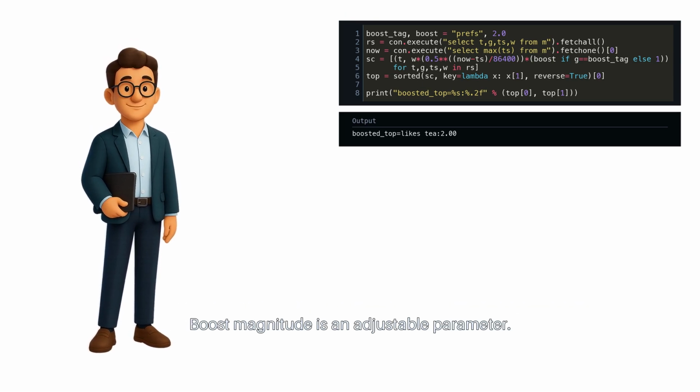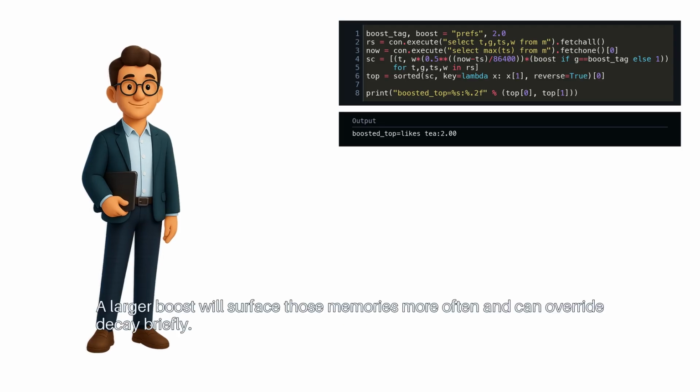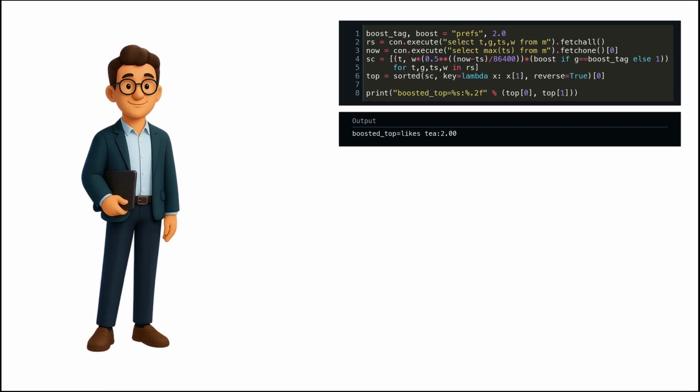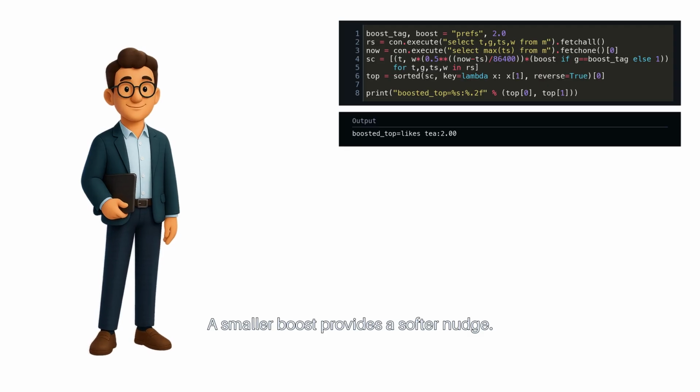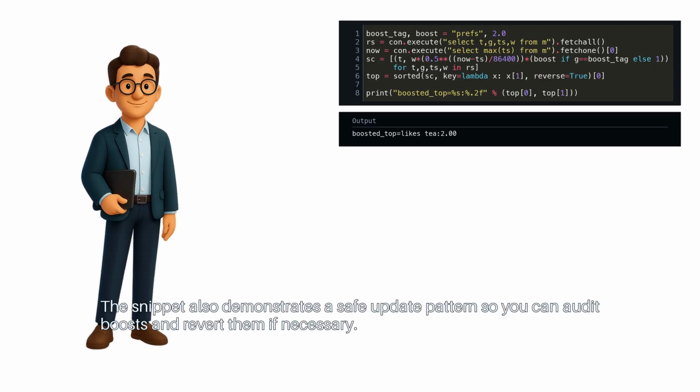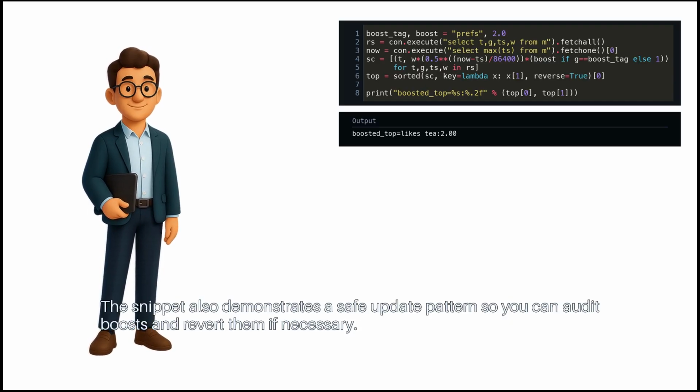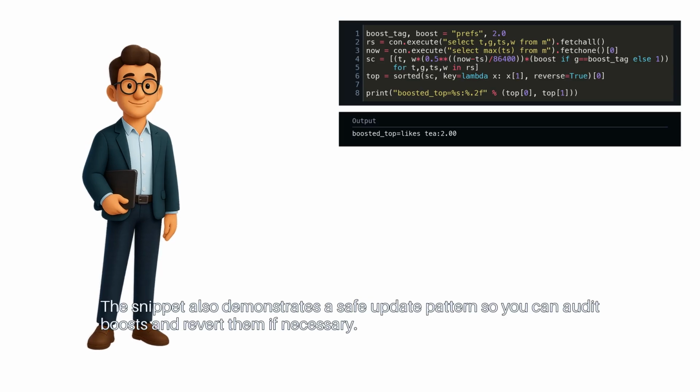Boost magnitude is an adjustable parameter. A larger boost will surface those memories more often and can override decay briefly. A smaller boost provides a softer nudge. The snippet also demonstrates a safe update pattern, so you can audit boosts and revert them if necessary.